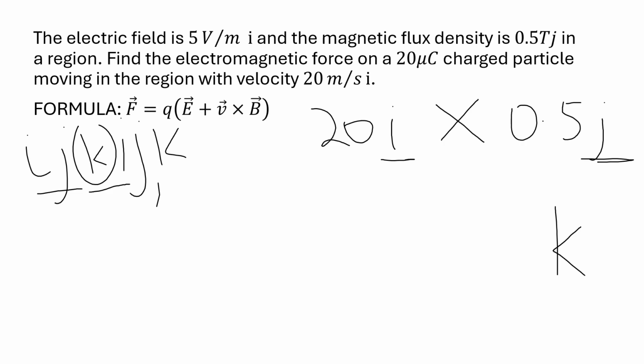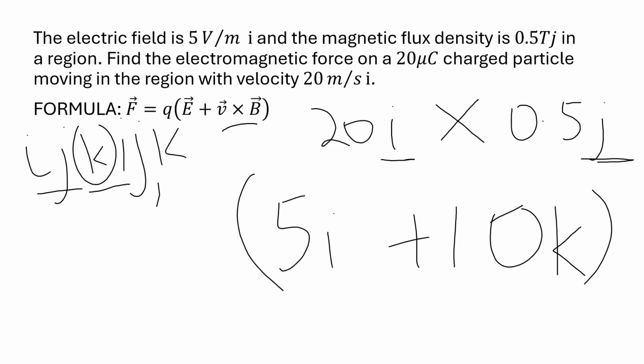So we get our K already. Then the rest is just multiplication of the numbers. So 20 times 0.5 will simply be 10K. Once we get the 10K, which will be our V cross B, we add it to the 5I and multiply all by 20 microcoulombs.